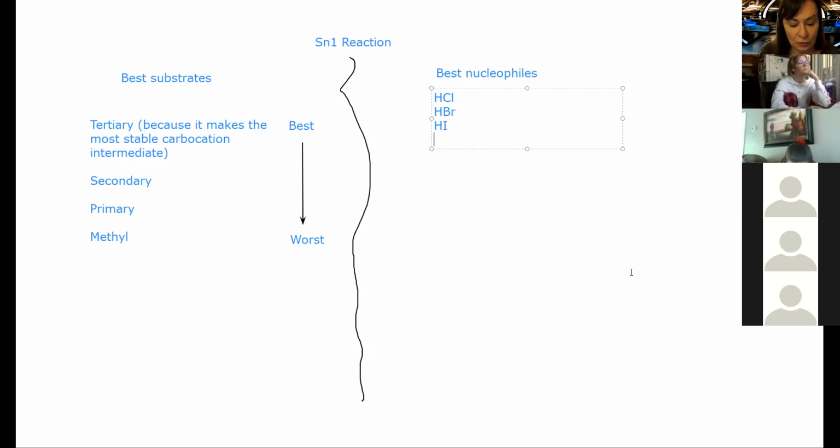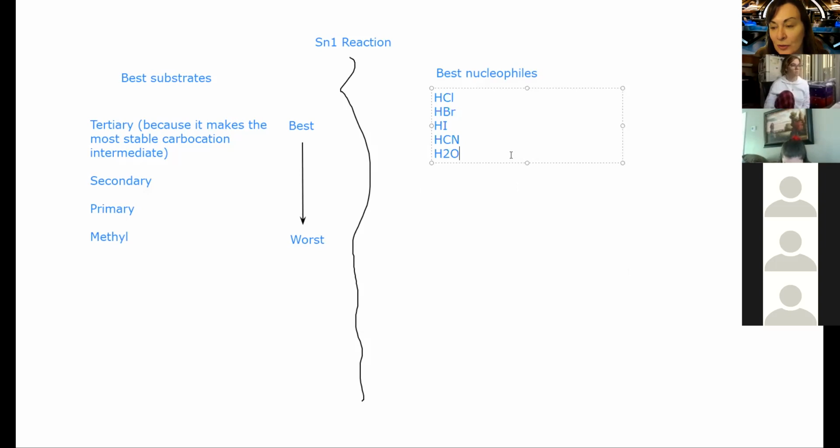Other acids that we use sometimes for the SN1 reaction are things like HCN, which is hydrogen cyanide. Again, hydrogen cyanide is super, super poisonous, but we're online, so we can safely use that for our reactions, right? Nobody's gonna get poisoned. And sometimes the SN1 reaction uses water as a nucleophile in the form of H2O. So H2O is a nucleophile that can be used in the SN1 reaction.